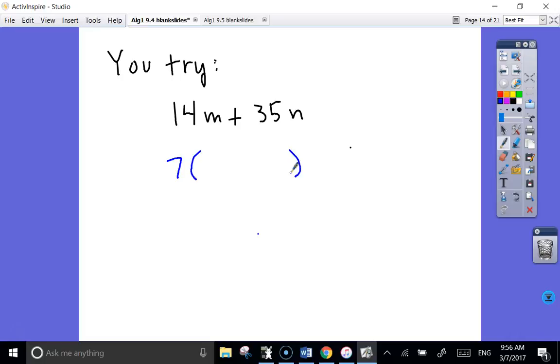What would you multiply times 7 to get 14m? 2m. What would you multiply times 7 to get 35m? Because 14 and 35 are both divisible by 7. So that's going to be 2m plus 5n. Again, you can distribute, go backwards, and see that it works.